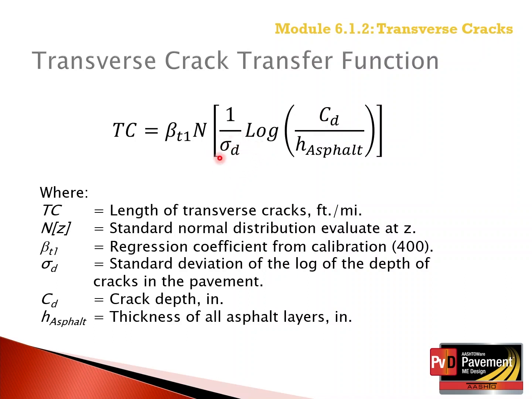This is also a calibration parameter that was used during the global calibration process. So it is a standard factor, the standard deviation of the log of the depth of cracks along the pavement. And it's defined through calibration and not through the stress intensity factors or other properties of the asphalt.